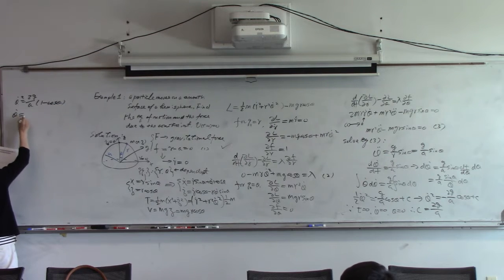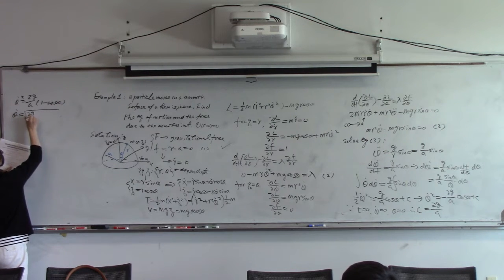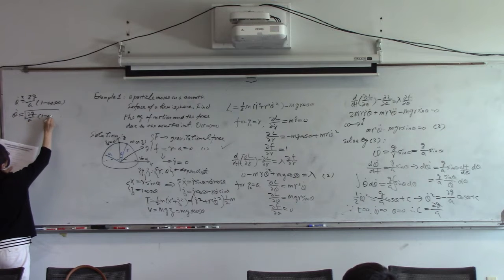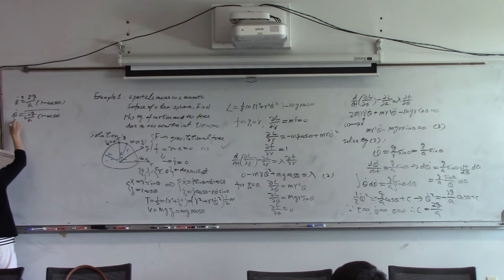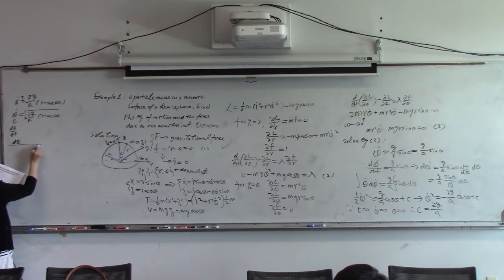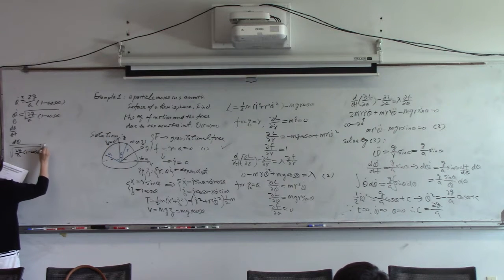Theta dot is the square root of 2g over a times 1 minus cosine theta, and this one is d theta dt, right? So from here you can see d theta over the square root of 2g over a times 1 minus cosine theta equals dt, right?